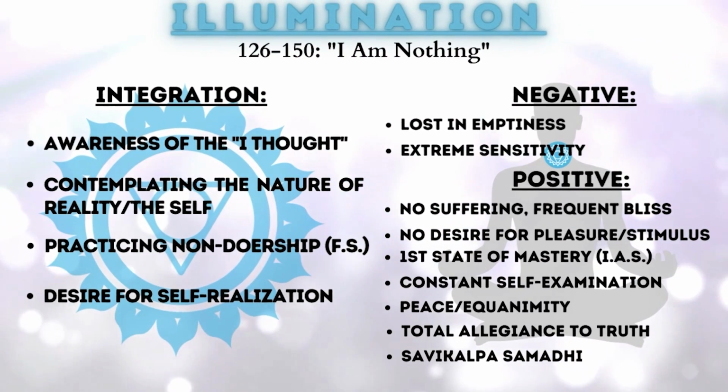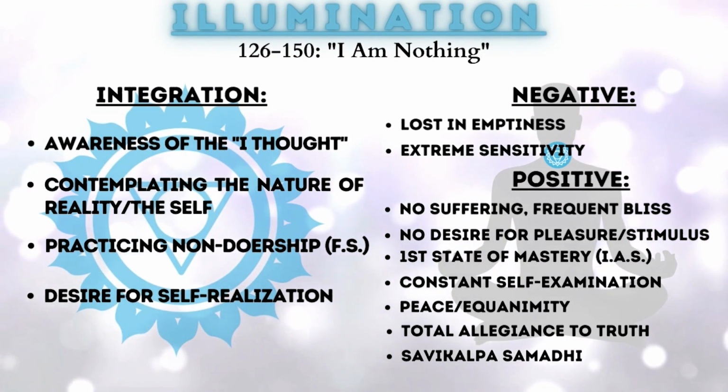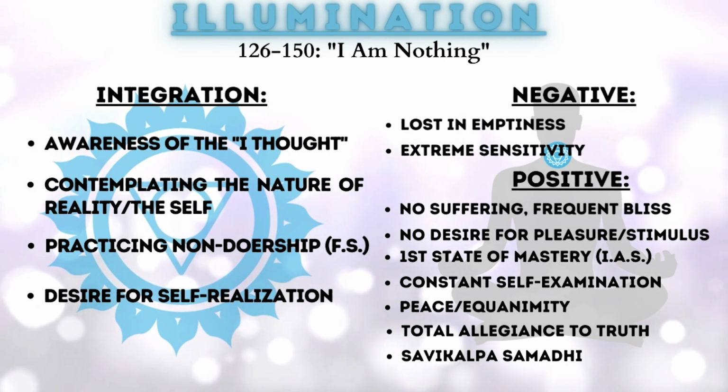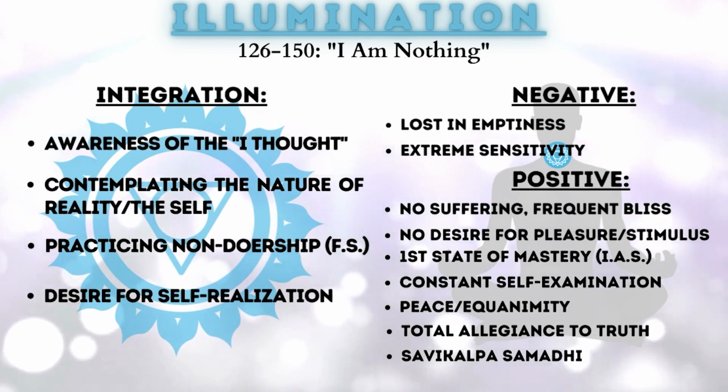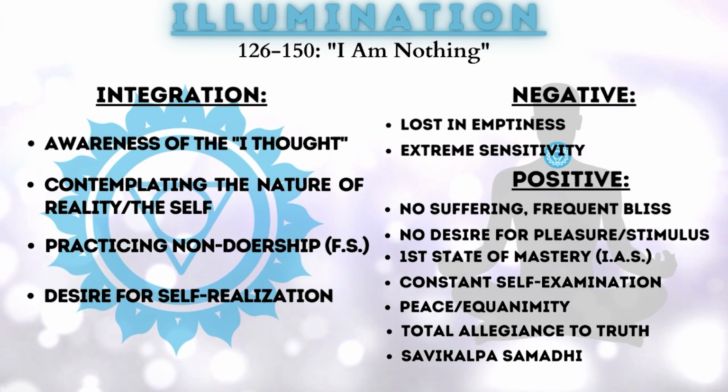And the first of the 3 states of mastery begins at the throat chakra level, which is the state called illumination. This is the state that most refer to as enlightenment, which the Buddha classified simply as the end of suffering. So one may not achieve super consciousness or God union at this level, but they do achieve the total transcendence of psychological suffering.